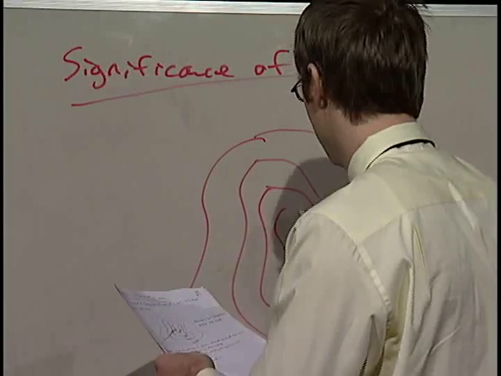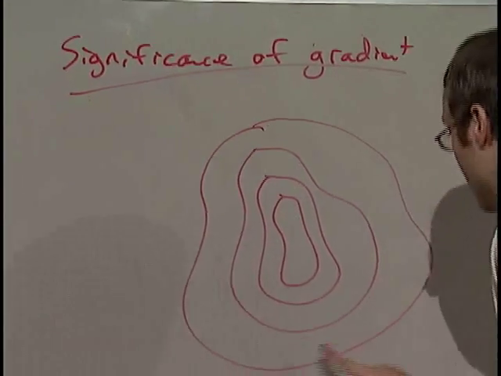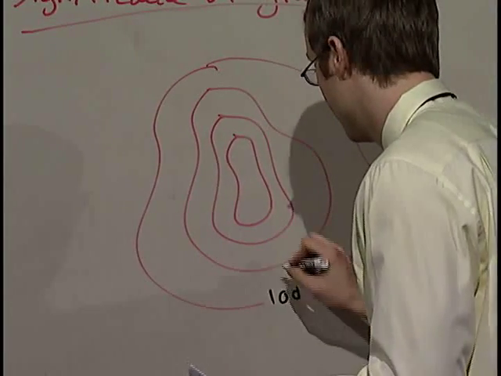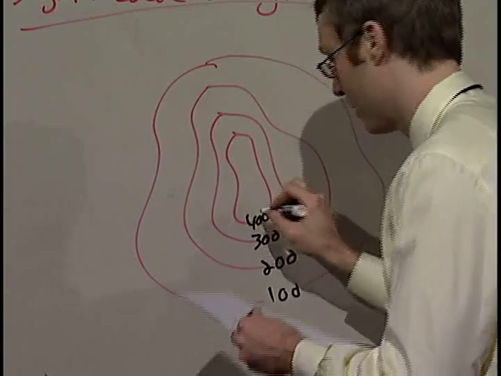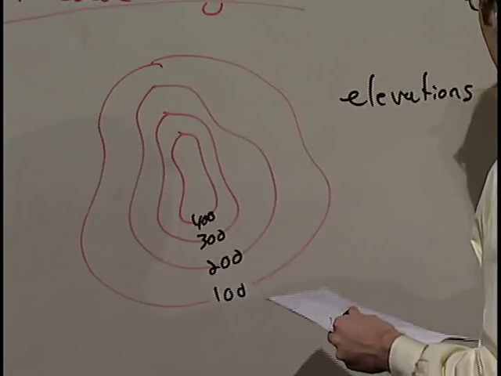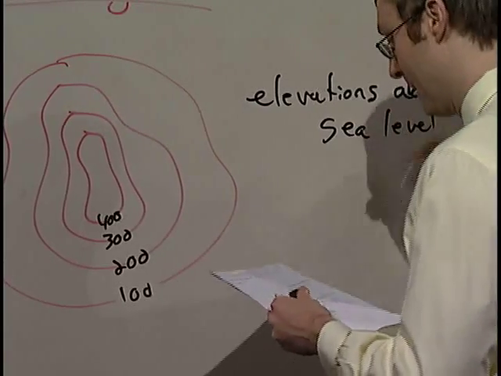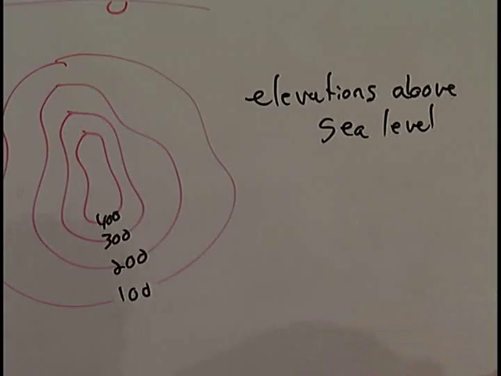Right? And let's put elevations in here. So 100, 200, 300, 400. So these are elevations above sea level, right? And these are all level curves here, right?